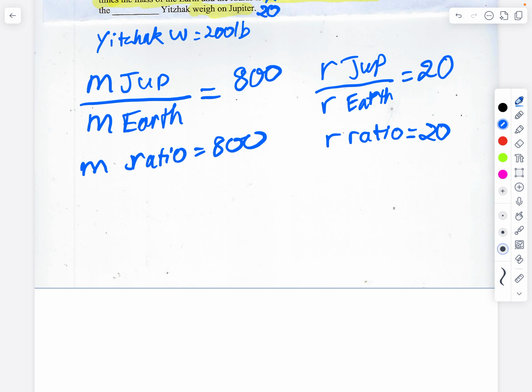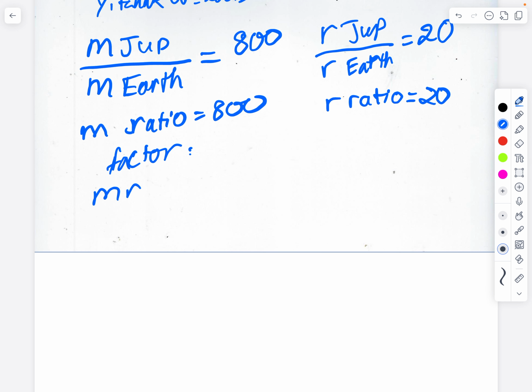Now to solve for it, I'm just going to find a factor. It's going to be the mass ratio over the radius ratio squared. This equation is in your notes, so you can look at it again. It should be in notes for 2, I think.